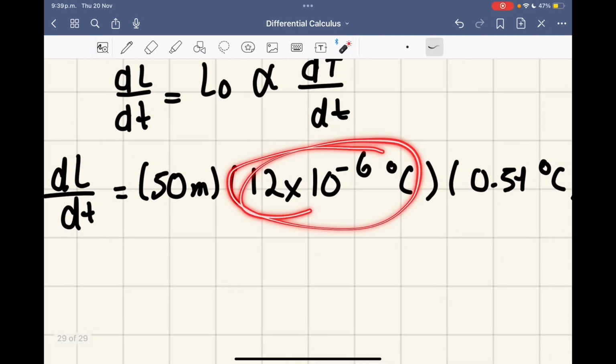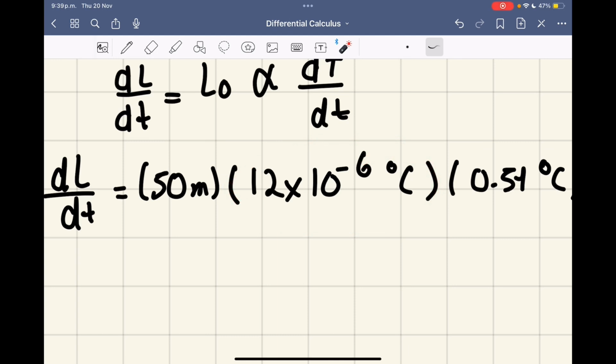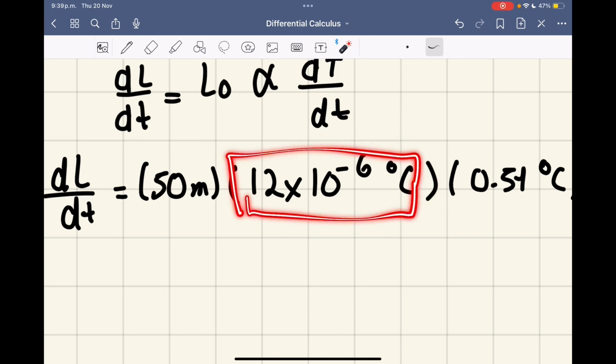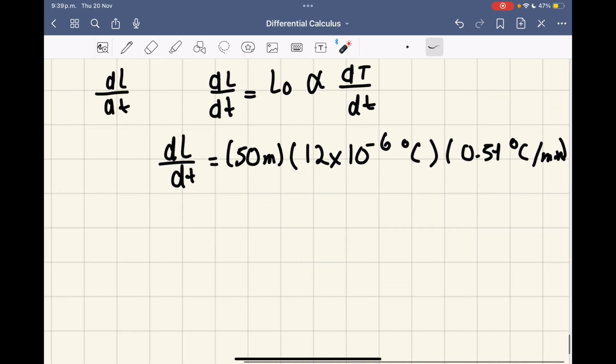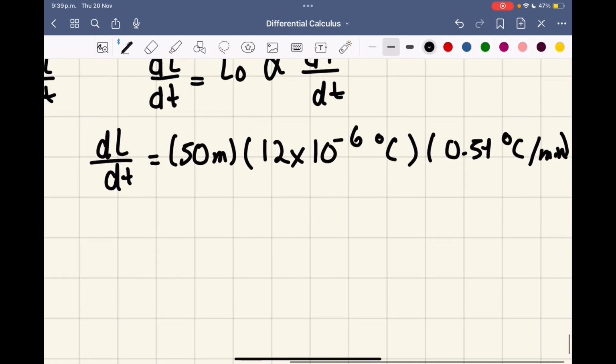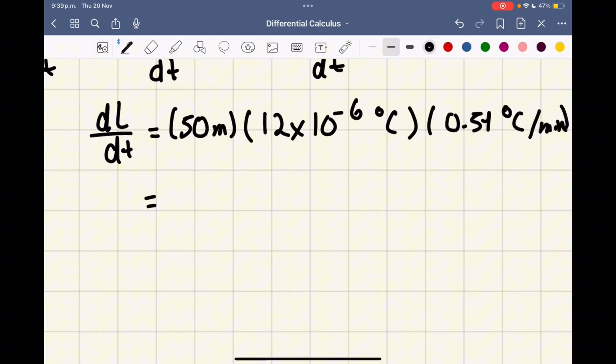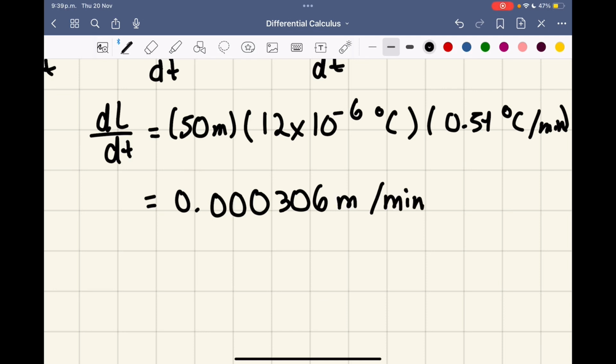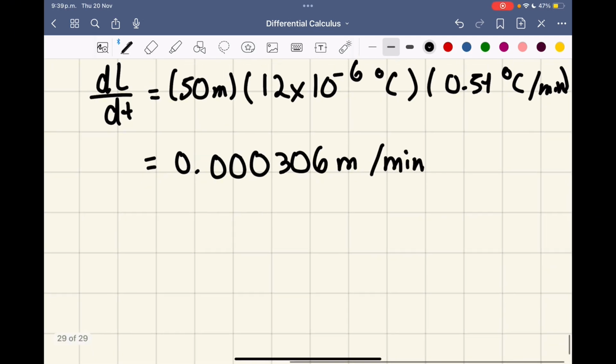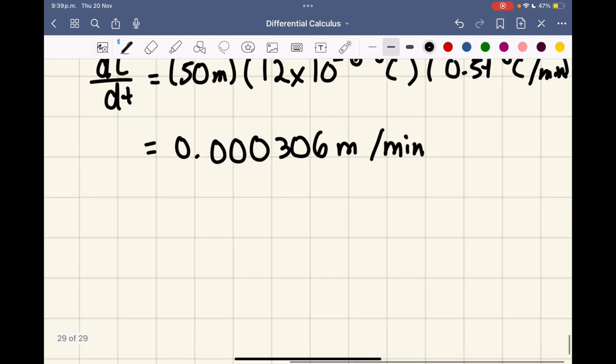This is important to say: this was found on the internet, which is the rate of expansion for the steel that is used in our pipes. So we're just going to calculate this, and this will finally give us 0.000306 meters per minute. We just divide it, so instead of meters it gives us millimeters per minute.